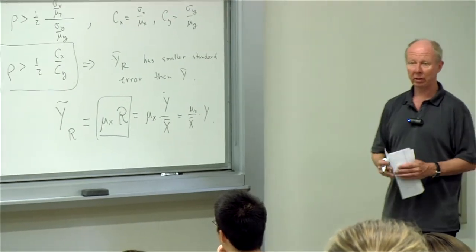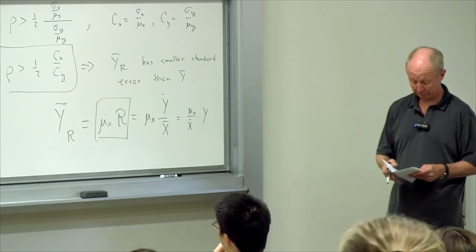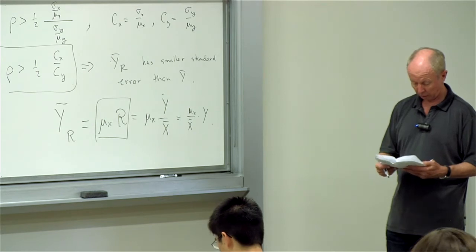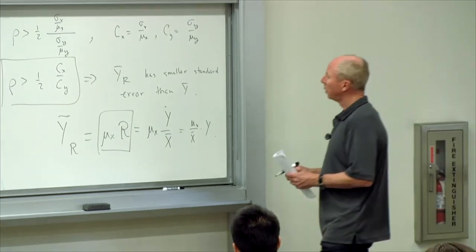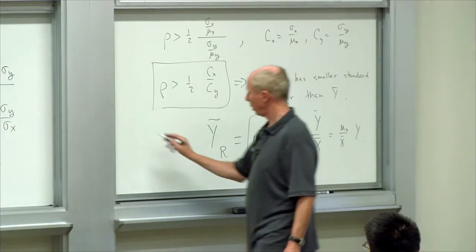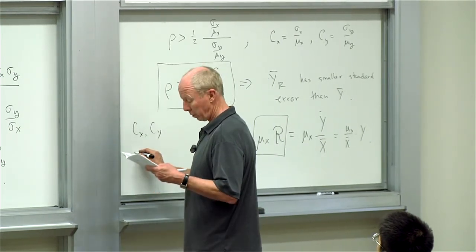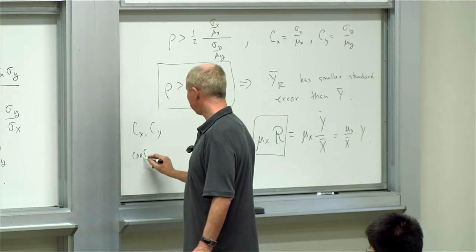So it'd be a better estimator than y bar. These are called coefficients of variation.